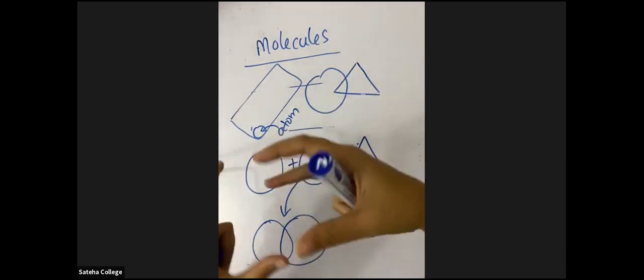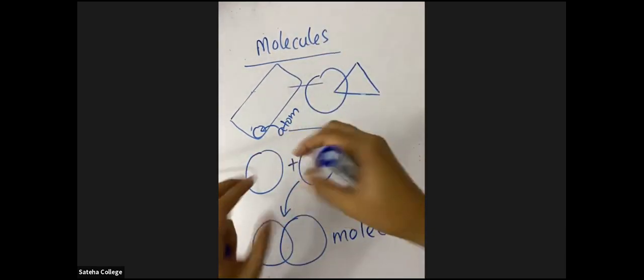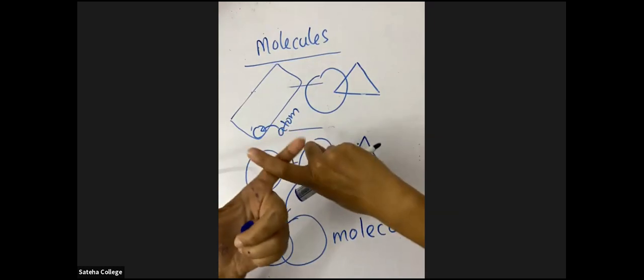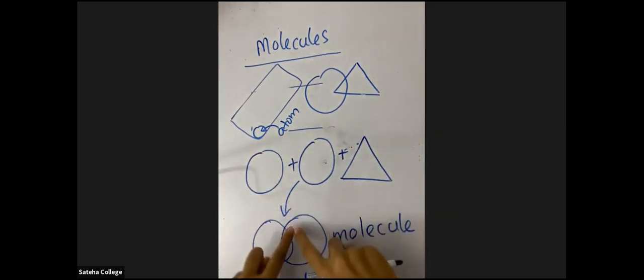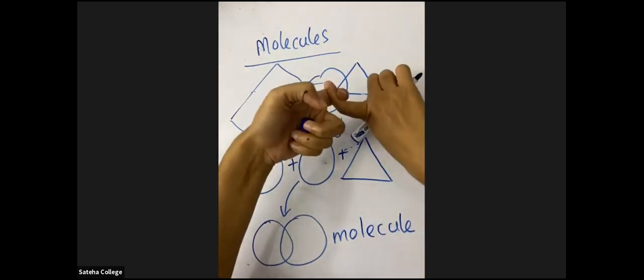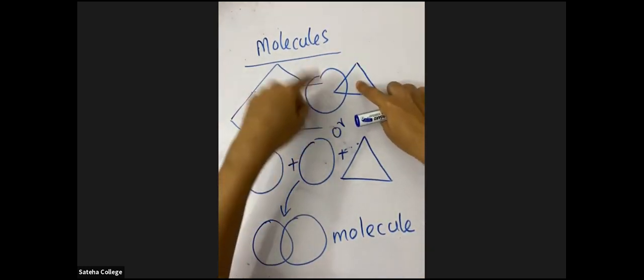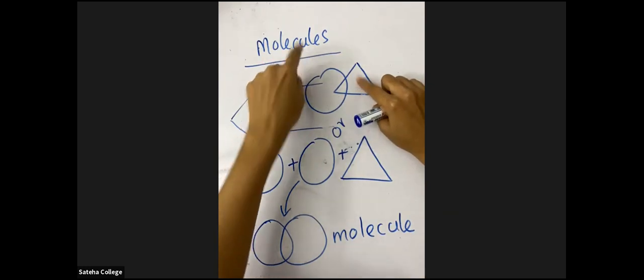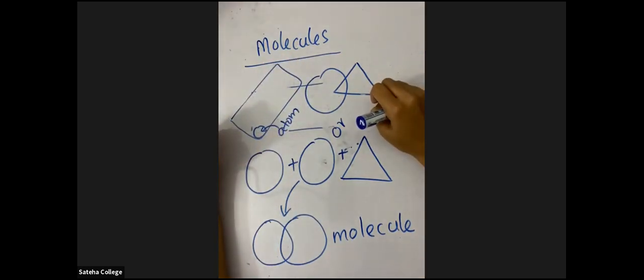It can be two or more; for now we'll draw two. So if two or more similar atoms or two or more dissimilar atoms combine together, you call it a molecule.